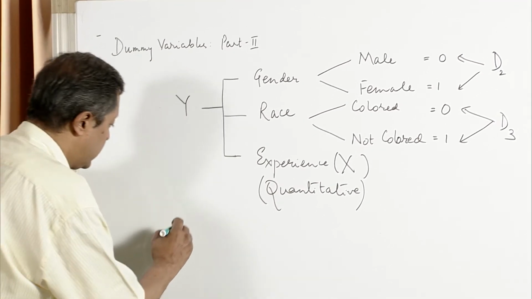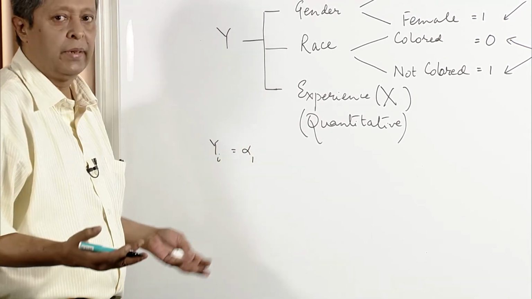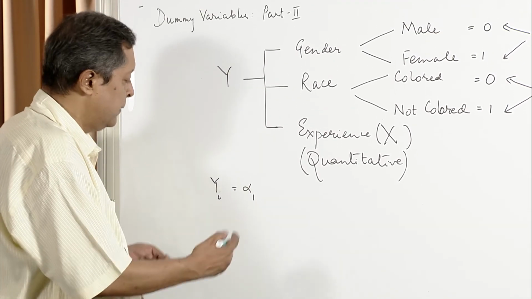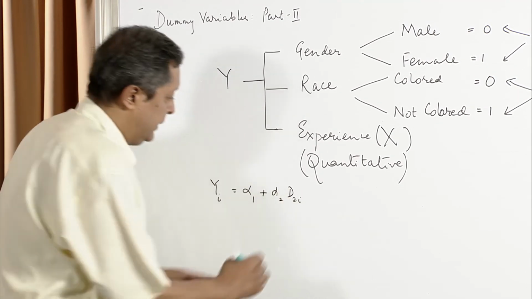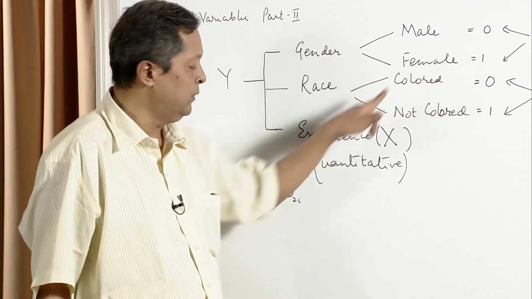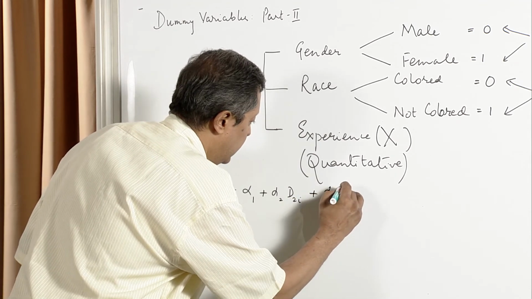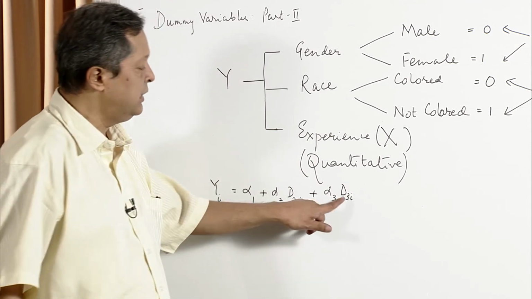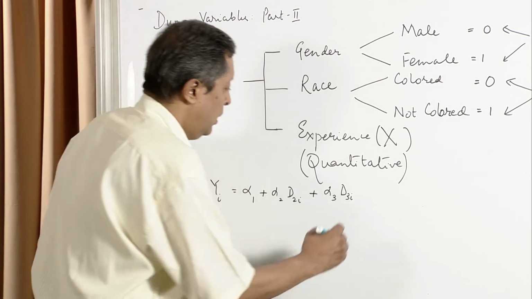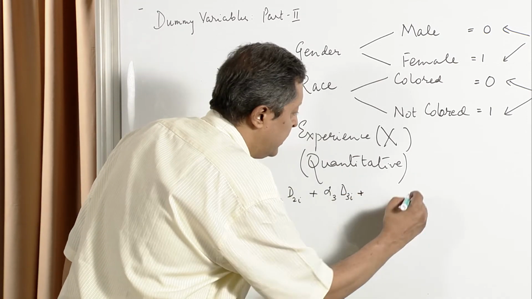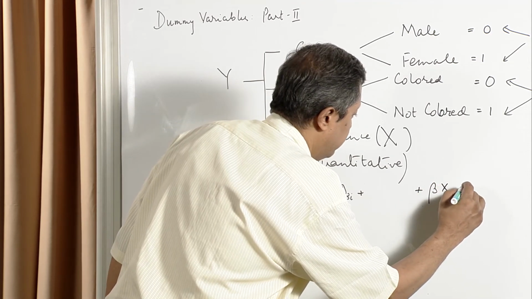Let us write the equation: y i is equal to alpha 1, we could have written beta 1, I am just writing alpha 1 to bring in some variety, plus alpha 2 D2i, where D2 will be 1 only if the person is a female, plus alpha 3 D3i, where D3 will be 1 only if the person is not colored, plus, I am keeping a gap here deliberately, plus beta times x i plus u i.